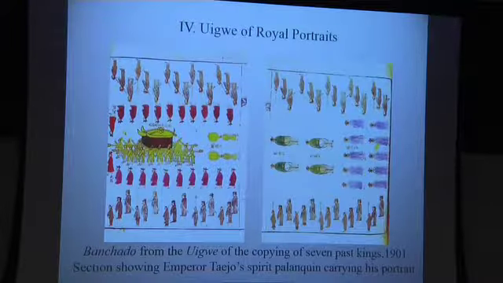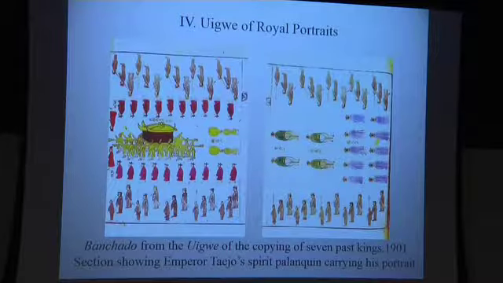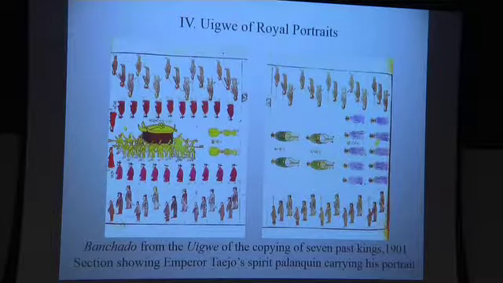And this is Uyghur royal portraits. This Panchado is from Uyghur copying 7 past kings' portraits. And this is during the Hahn Empire period. And so the soldiers all wore modern costume.